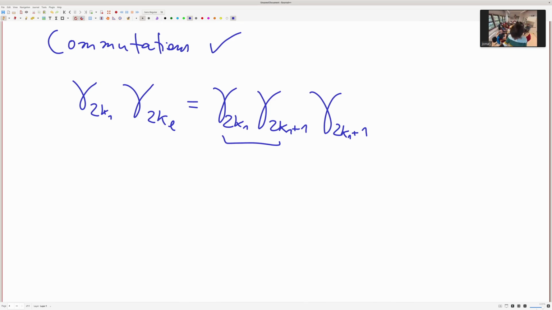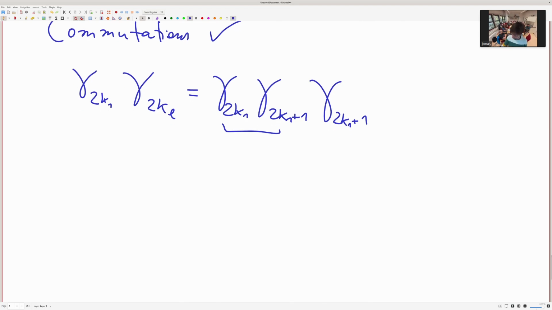For example, now I can introduce gamma 2K2, where K2 is the next fermion on this path that I drew that connects the two of them. So K1 and K2 are now neighbors, either in the X or in the Y direction. And again, I should put this twice, such that I'm actually just adding an identity. And then I continue adding gammas along the path until in the end I reach and can copy my KL.